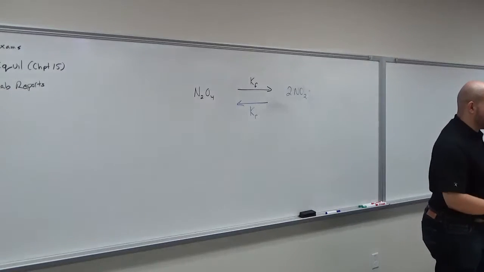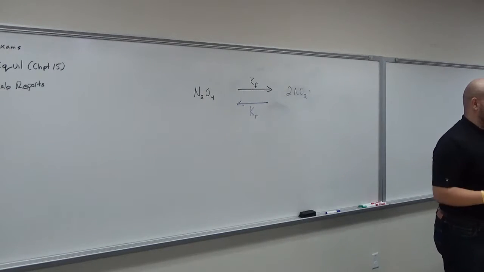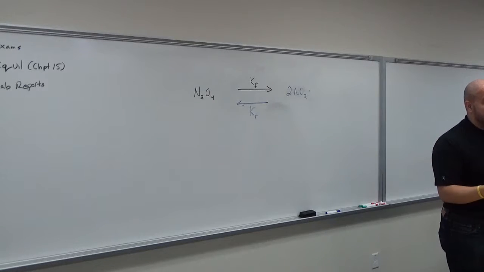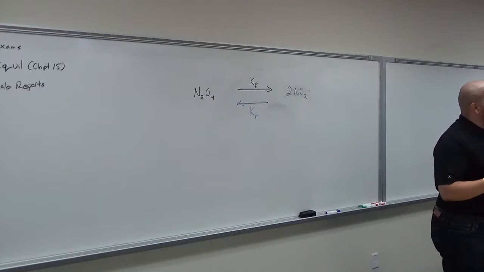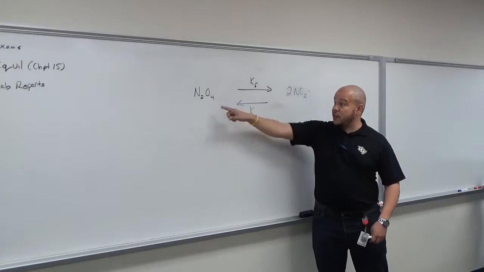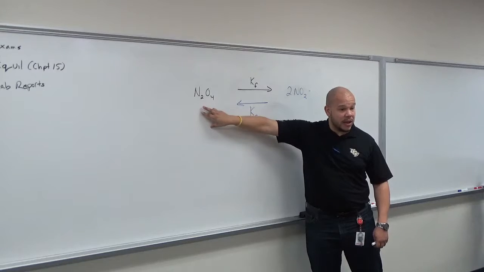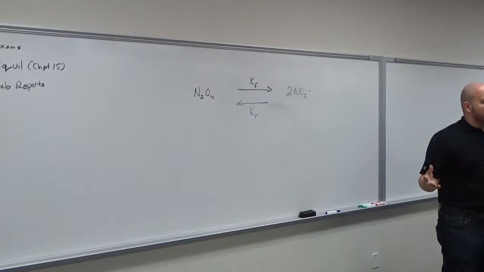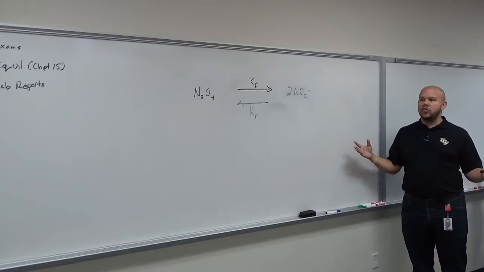What is K a function of? Temperature and a function of? Right, the type of reaction, the type of molecules that we're dealing with, right? So K forward is a function of the temperature we're doing this reaction at and what kind of reaction we got going on, what kind of molecules we have studying.